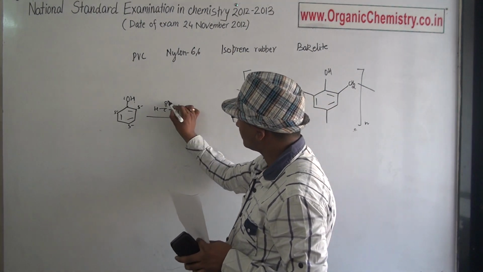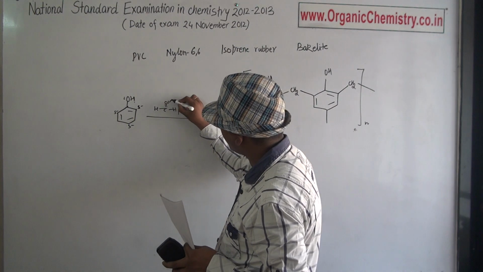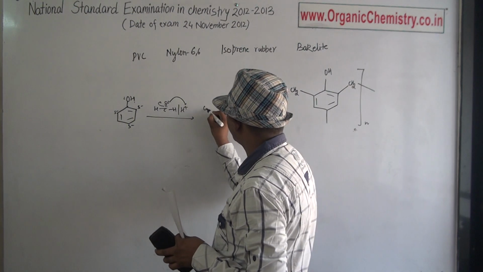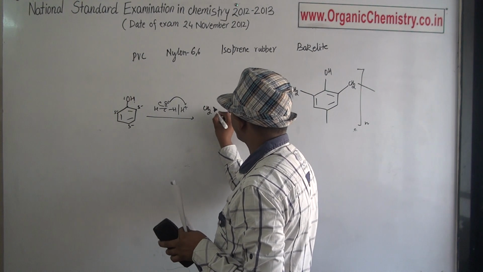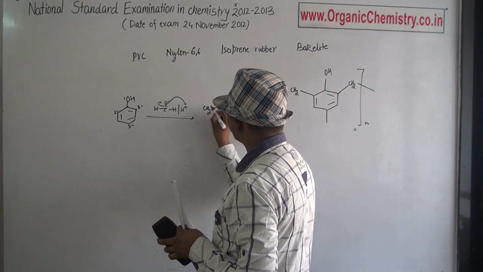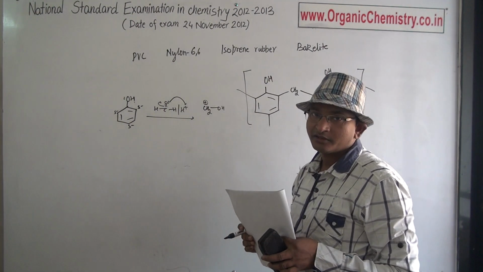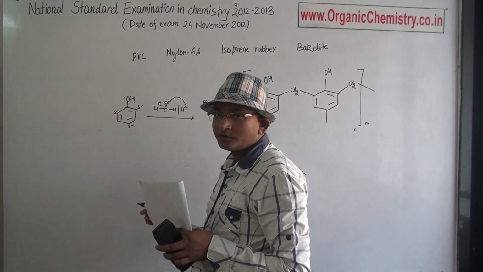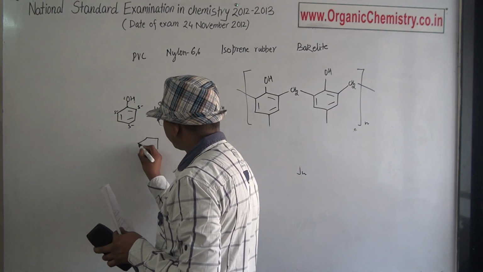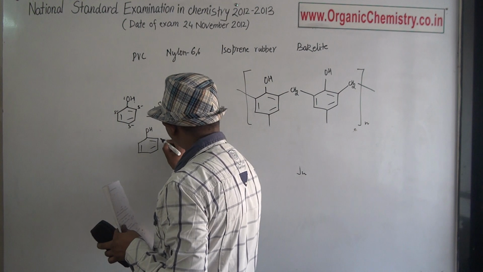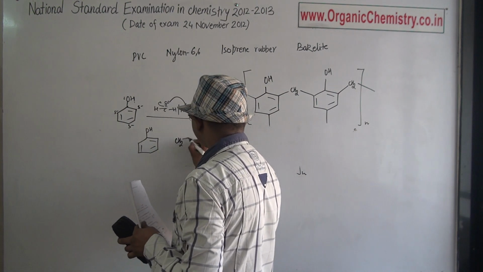Formaldehyde's oxygen attacks a proton to form CH2OH plus, which is the generation of the electrophile, and this electrophile will attack the ortho and para positions of phenol.